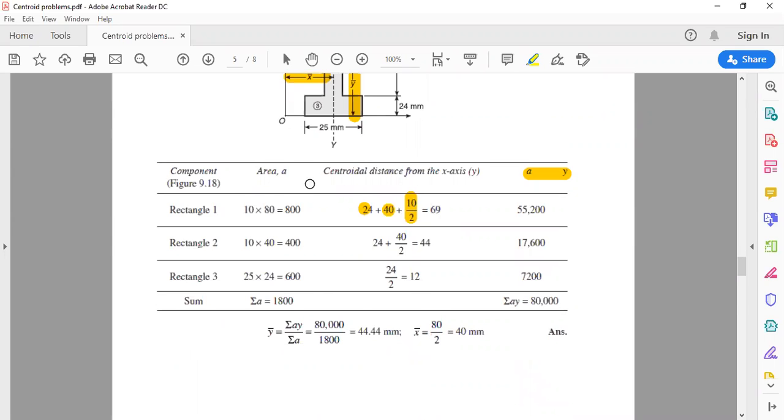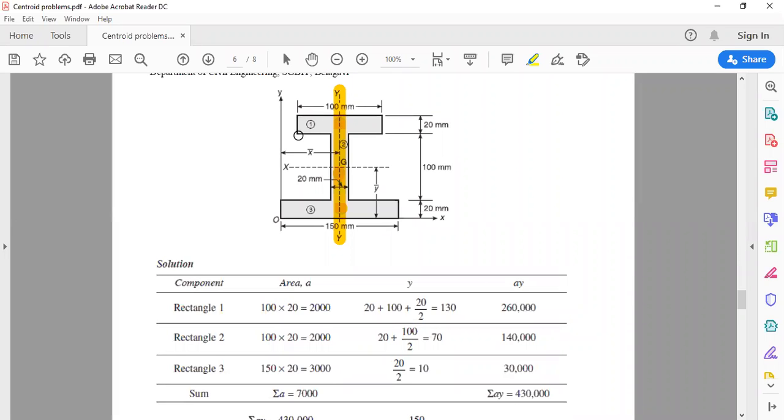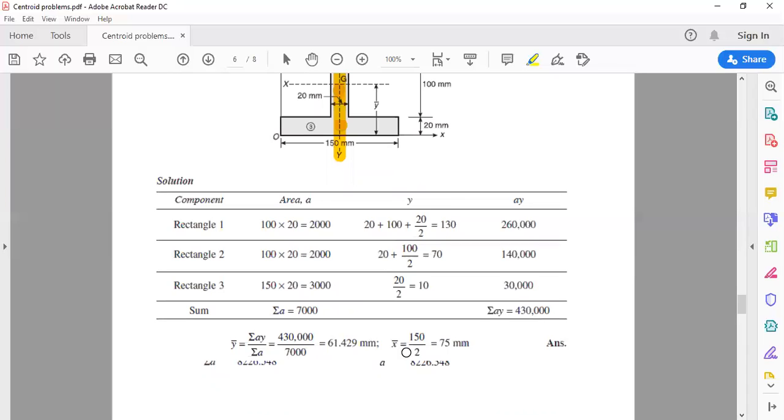Here, this is not touching the face of y-axis. Rather, this rectangle face is touching the y-axis. Thereby, it is 150 divided by 2. So you have X bar, which is 150 divided by 2, that is 75 mm.